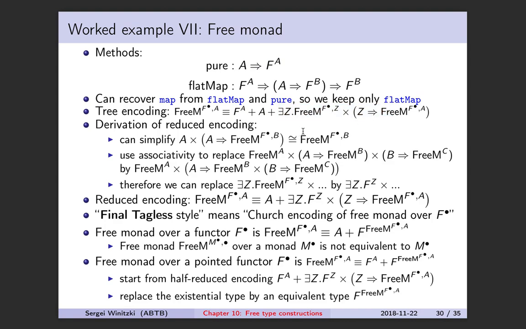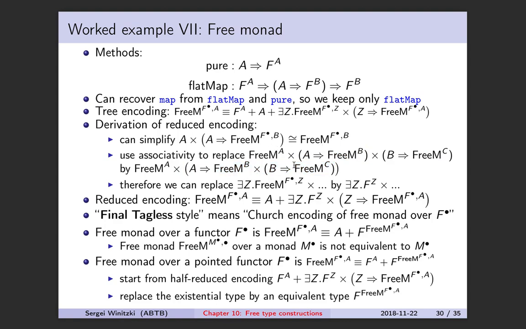These are the two possibilities. If we take a pure value and apply a flatMap to it, that can be simplified due to the laws of the monad. So if you take something else and apply two flatMaps, they also can be simplified to a single flatMap with a more complicated function here. Again, this is the associativity law of the monad.